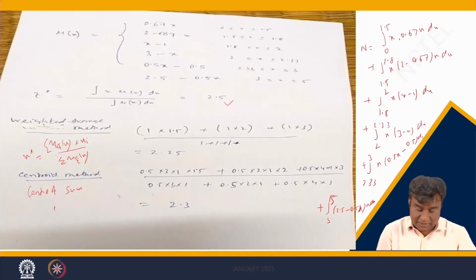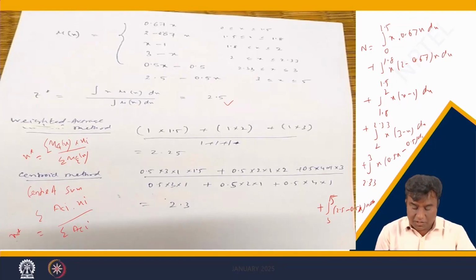The formula is summation of ACI into XI by summation of ACI. So by using this formula you will get this. How to find the area? Half base into height, then the geometric center, that is 1.5. Similarly, you will get 2.3.